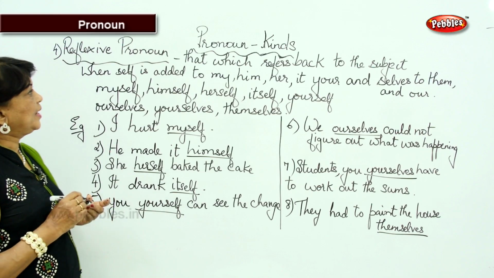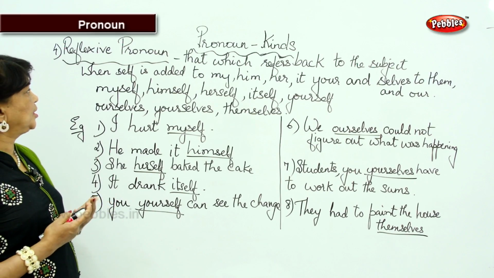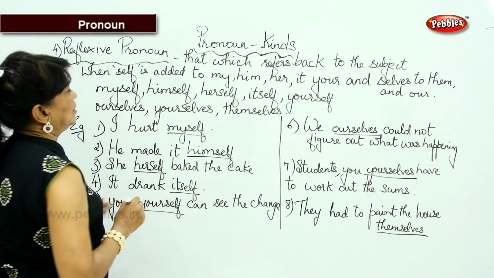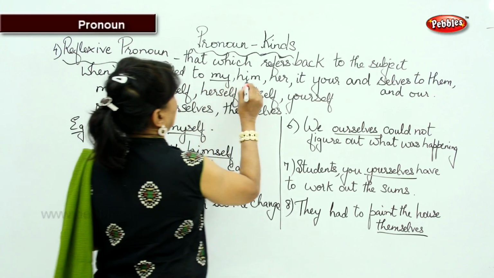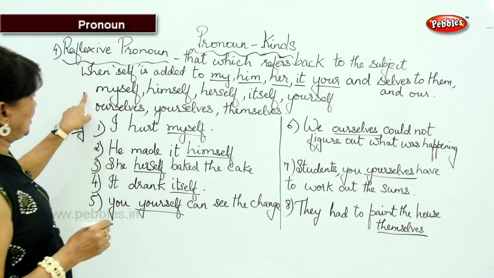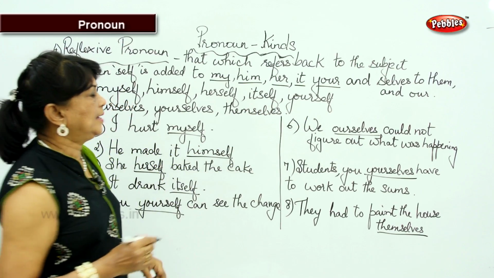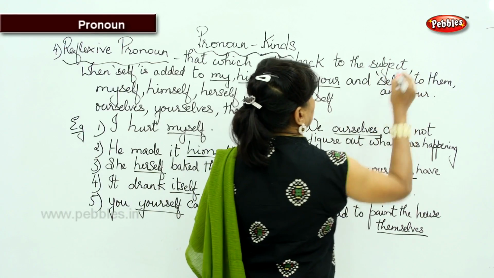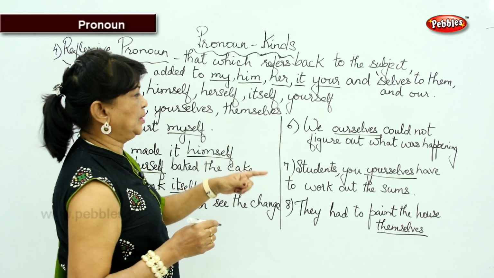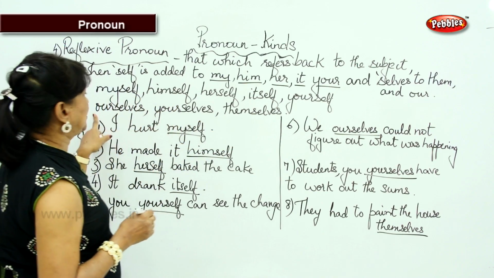Okay, now this reflexive pronoun is something which refers back to the subject, or when self is added to my, him, her, it, your, it becomes myself, himself, herself, itself, yourself, and selves is added to them and our, that is themselves and ourselves.